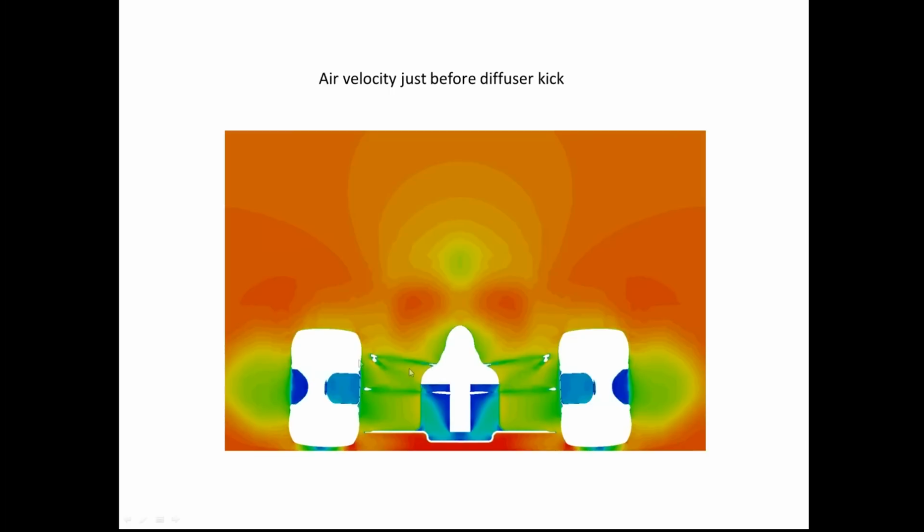All this area, between the rear tires, there's no red at all. This is all sort of green, yellow. So velocity is going to drop in this area to maybe 20 or 30 meters per second. And this is also part of the wake from the front tire.